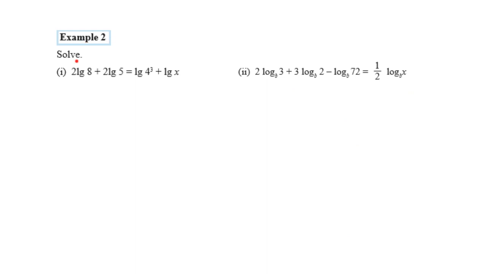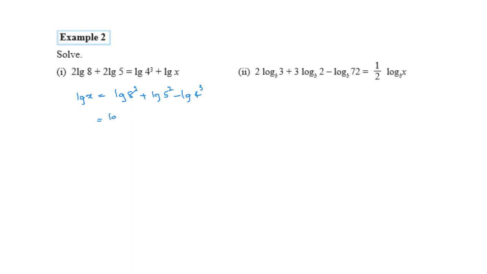Example 2. Solve. Here again you have lg. lg means the base is 10 there. We have to find x there. lg x equals lg 8 to the power 2 plus lg 5 squared minus lg 4 cubed.